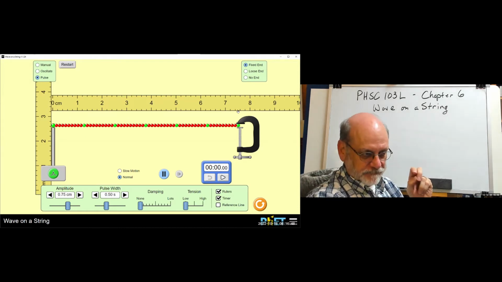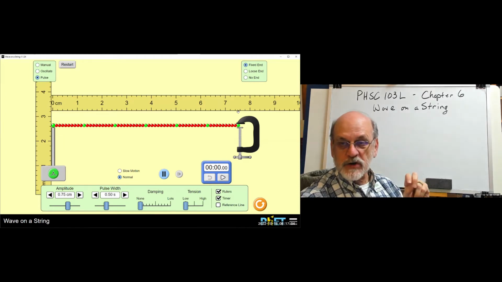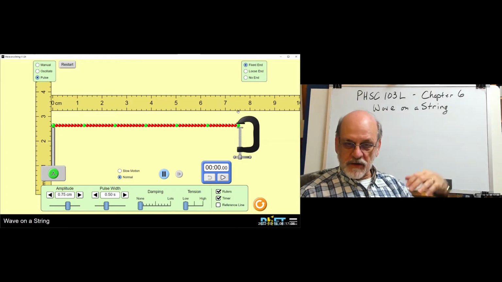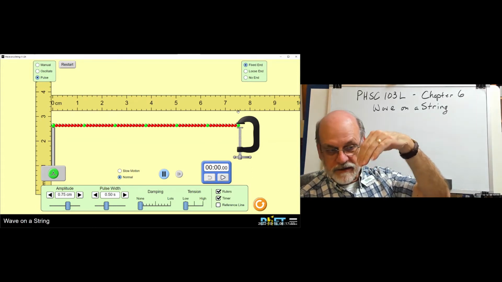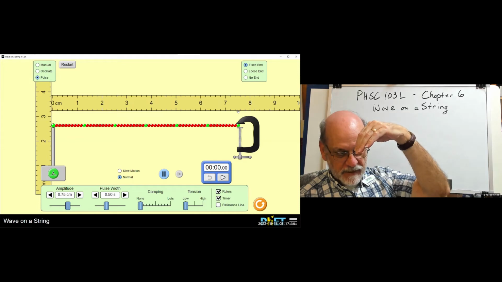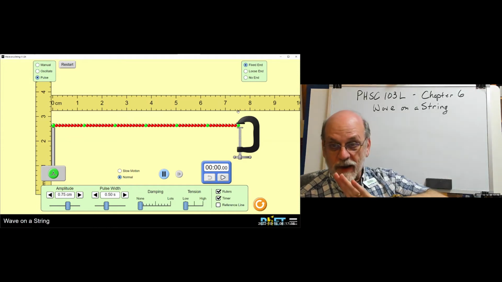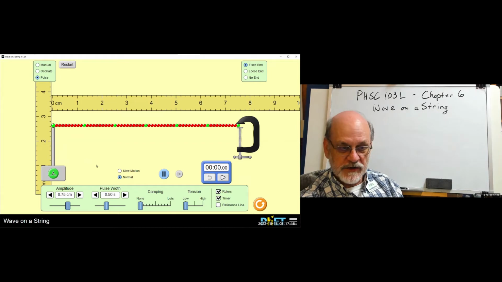All right. So let's see what else we need to do. Click the pulse button to send a pulse down the string. And notice that the wave pulse reflects off the fixed end and undergoes inversion. What inversion means is the wave might be this way, and then on the other side of that fixed point, it'll go back the other way. So let's send a pulse and just see what it says. So you click on this button right here, and that sends the pulse.